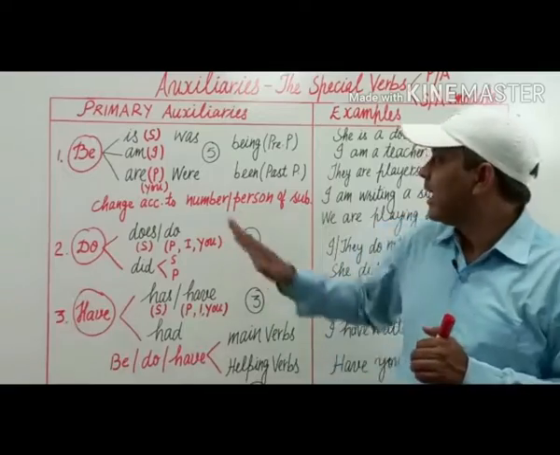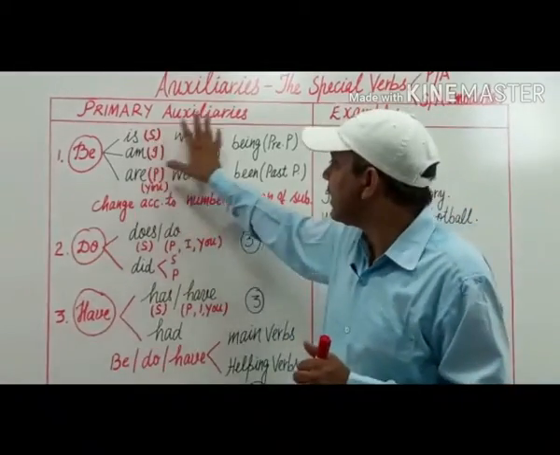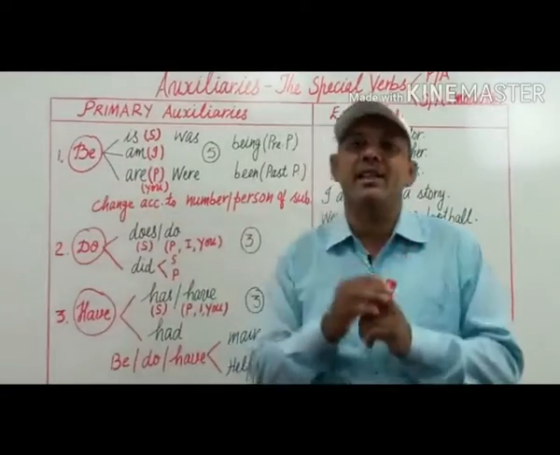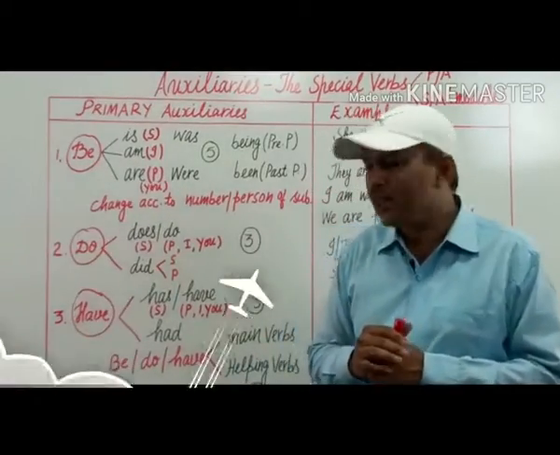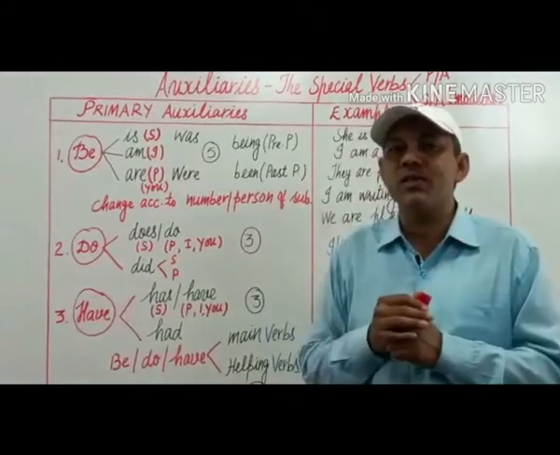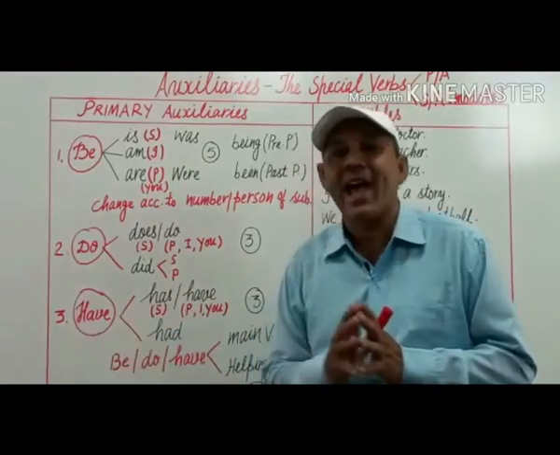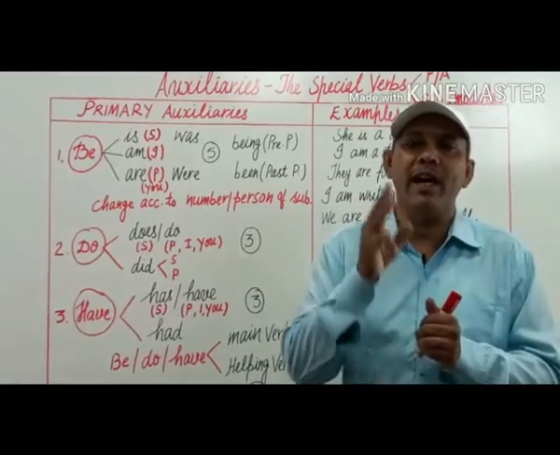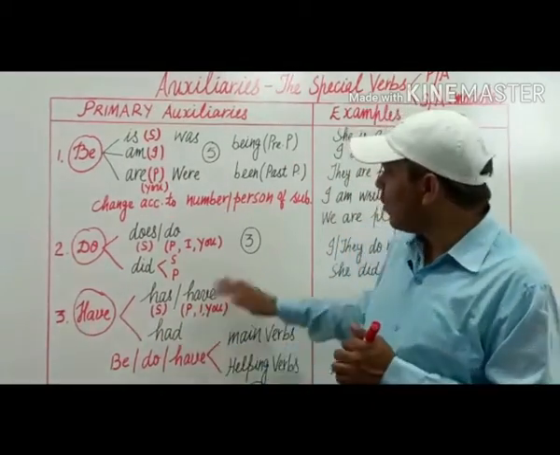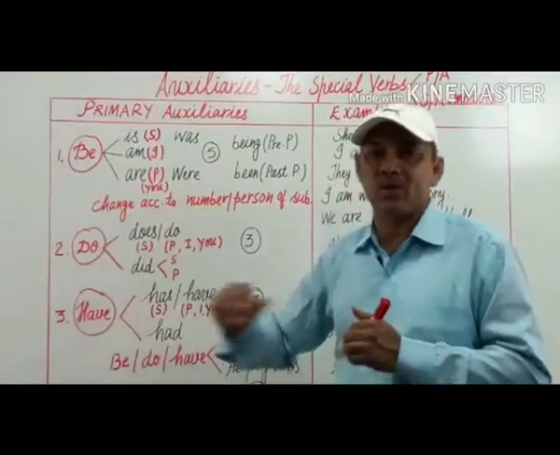किसी सेंटेंस में सब्जेक्ट के नंबर और पर्सन के चेंज होने से इनकी डिफरेंट फॉर्म्स चेंज हो जाती हैं। उन्हीं को हम बी की फॉर्म्स कहते हैं। आइए अब हम बात करते हैं डू की। डू ऑल्सो हैज 3 फॉर्म्स एंड यू हैव ऑलरेडी हर्ड अबाउट दोज 3 फॉर्म्स, डू, डज एंड डिड। एंड द नेक्स्ट इज हैव। प्राइमरी ऑक्सिलरी हैव ऑल्सो हैज 3 फॉर्म्स, हैज, हैव एंड हैड। Now we shall learn the different uses of the forms of be, do, have.